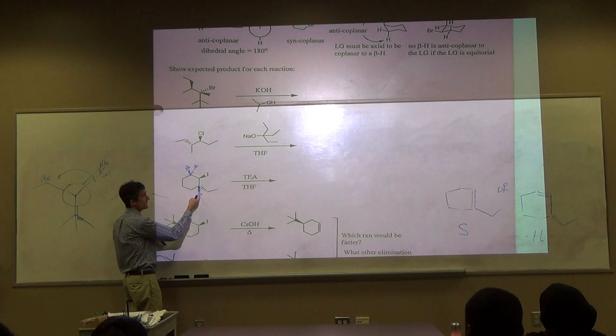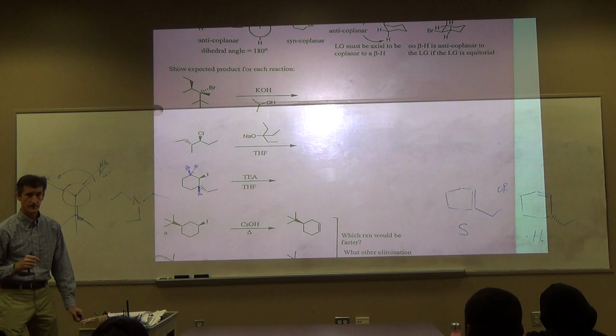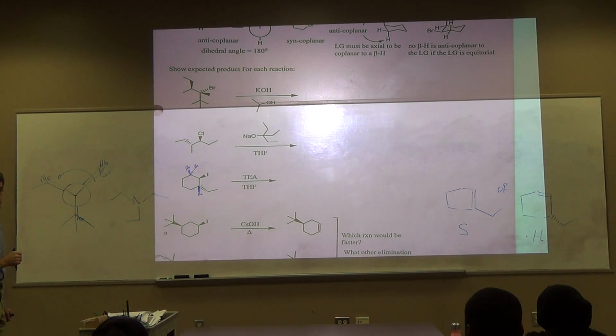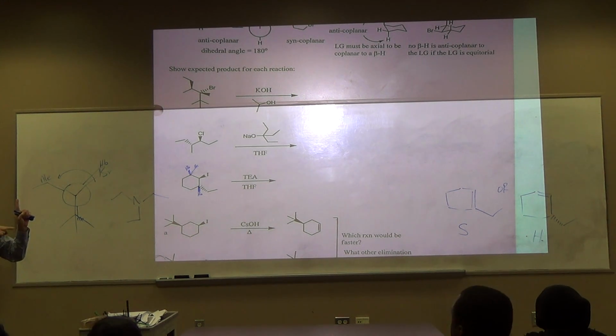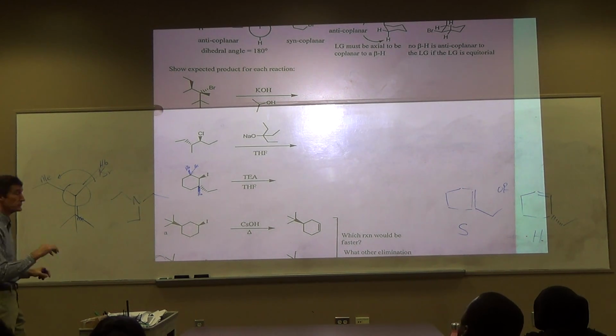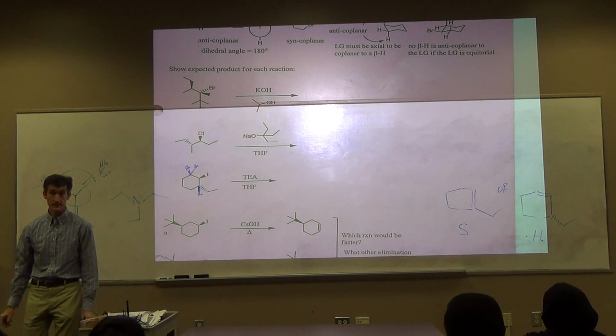Can we get Zaitsev here? Well, that would require removing this H. Is the H and the leaving group anti-coplanar? Or can they be? Keep this in mind: anti is synonymous with trans. Anti-coplanar, trans-coplanar. We noted that. Is this H and the iodine trans?